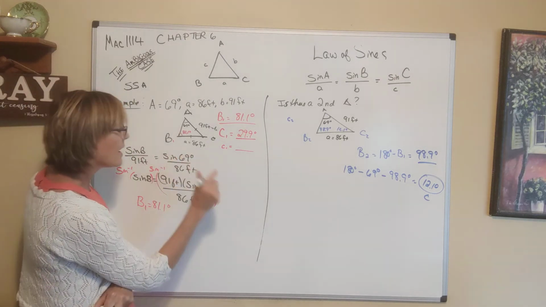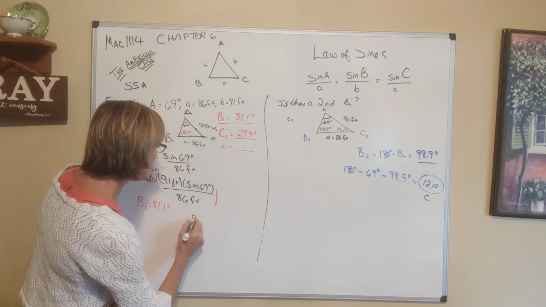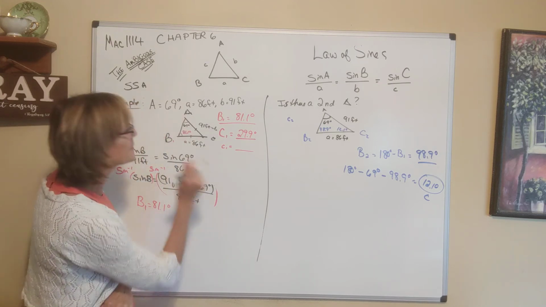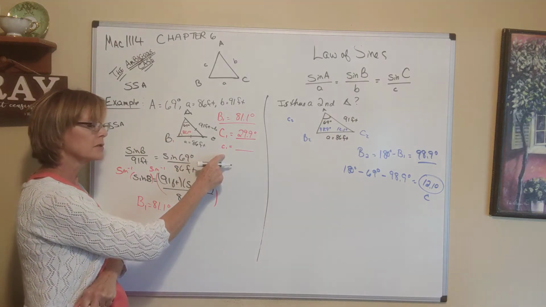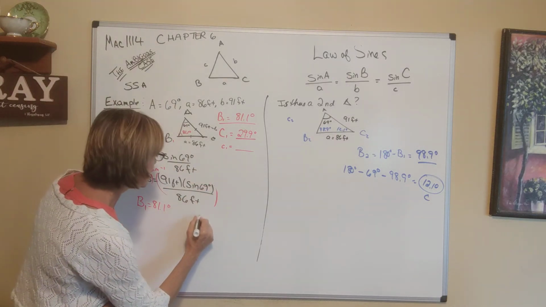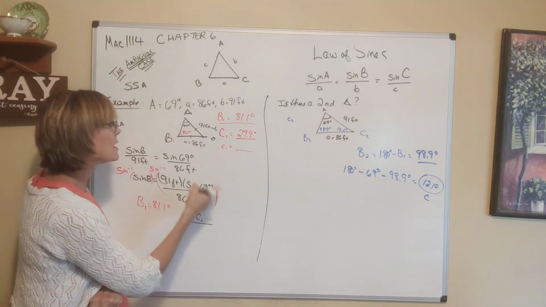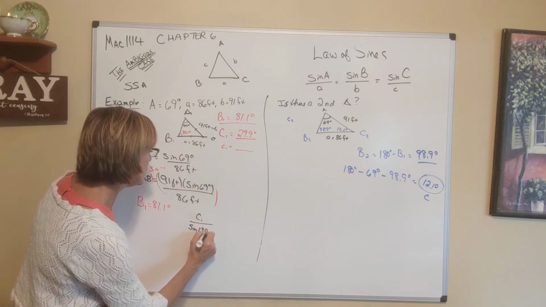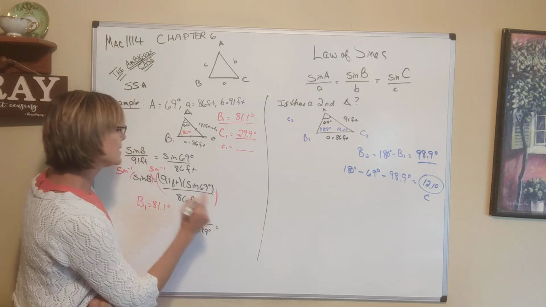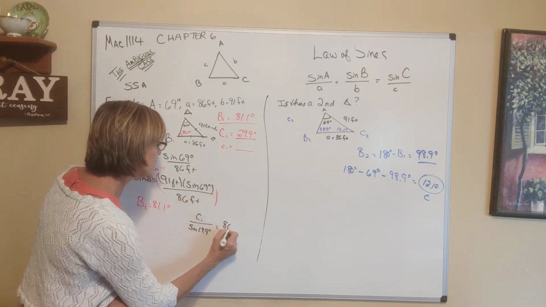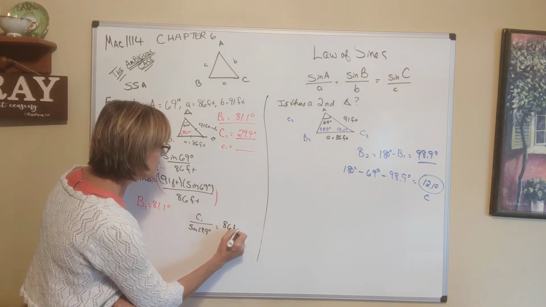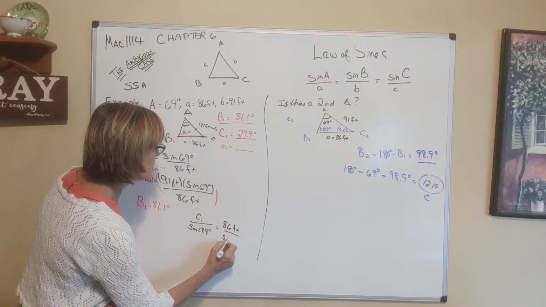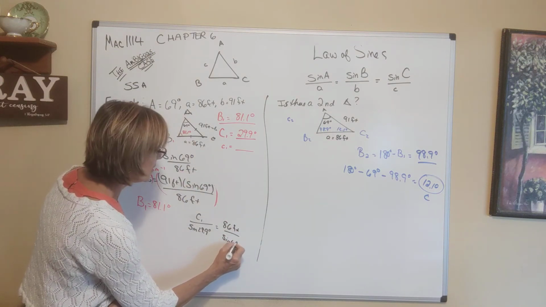Let me start with what I don't know, little c. C1 is to the sine of 29.9 degrees, as little a, 86 feet, is to the sine of 69 degrees.